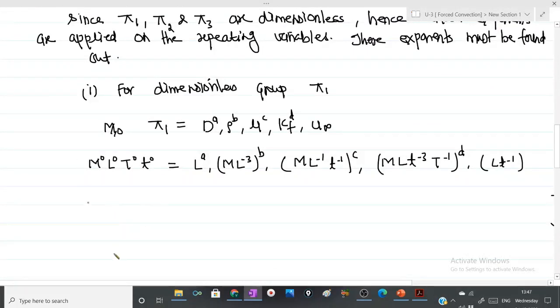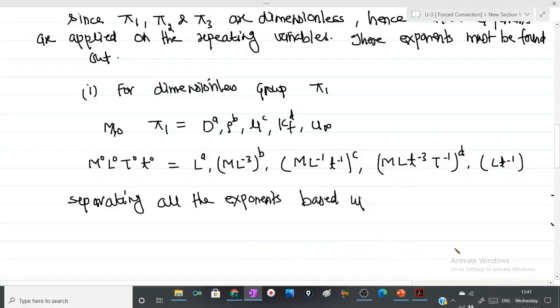Now separating all the exponents based upon dimensional homogeneity.